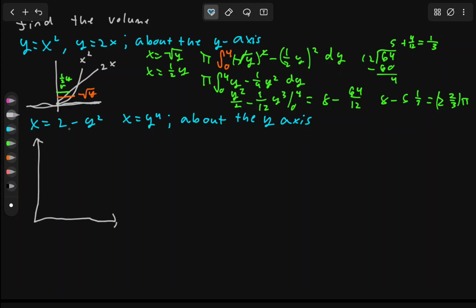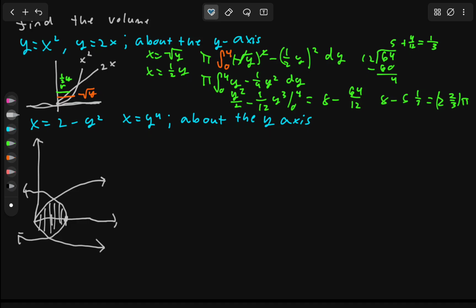We have the function 2 minus y squared. So this is going to start at 2. And this is going to be a parabola that opens to the left. Y to the power of 4 is going to be a parabola shape that opens to the right. This area right here is what we're rotating around the y-axis, and it's going to have a radius.